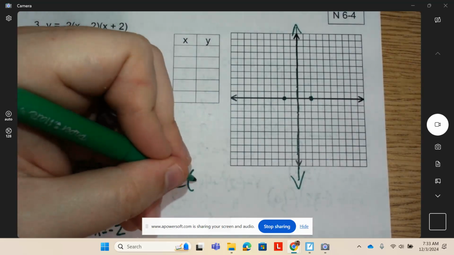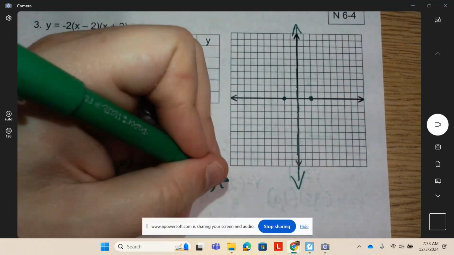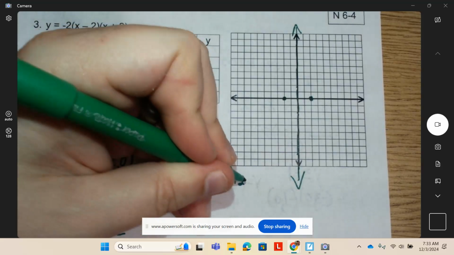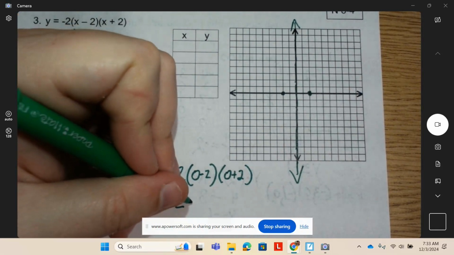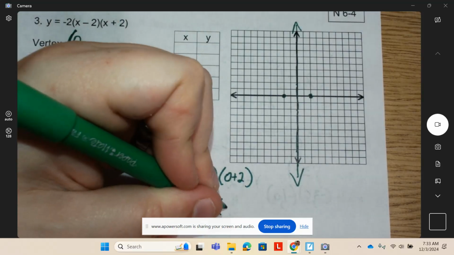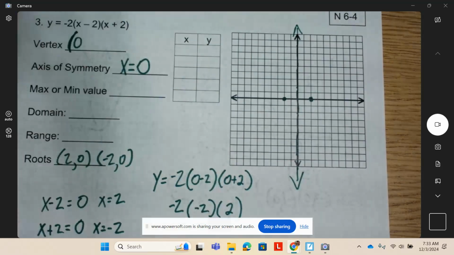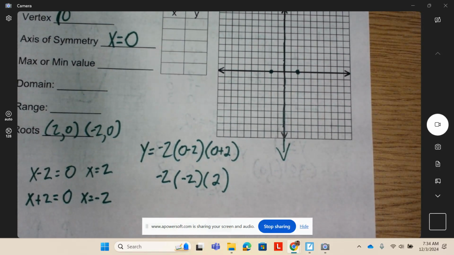So negative 2 times 0 minus 2 times 0 plus 2. So I end up with negative 2 times negative 2 times positive 2. So 2 times 2 is 4, times another 2 is 8.